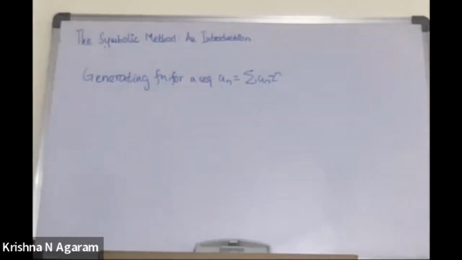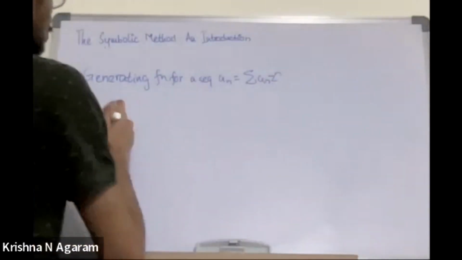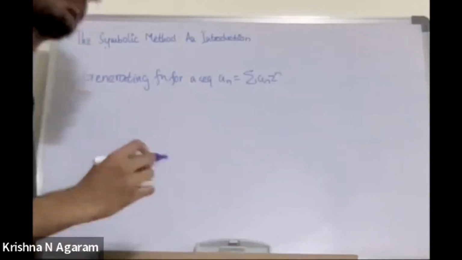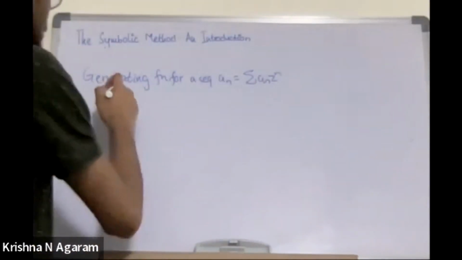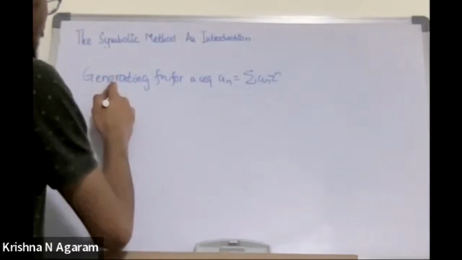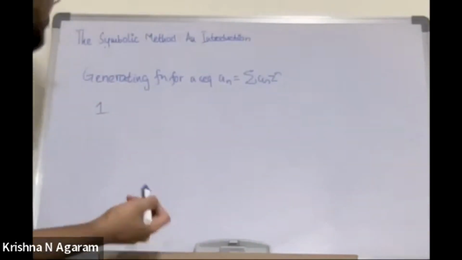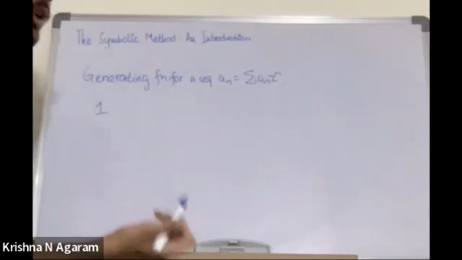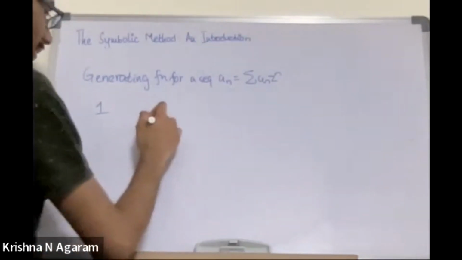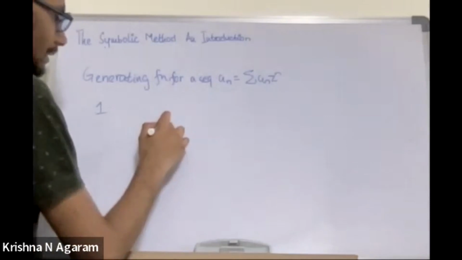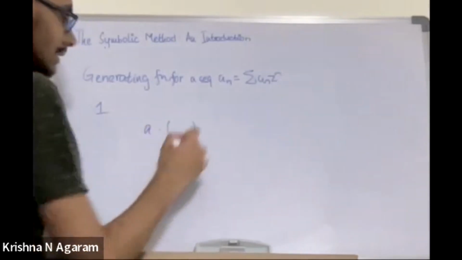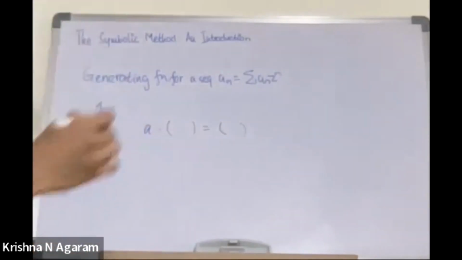But there's one last point about generating functions and formal series that I wanted to address. Since you can multiply two, what's the identity for multiplication of formal series? An identity is an element A such that A into anything is the same thing, right?